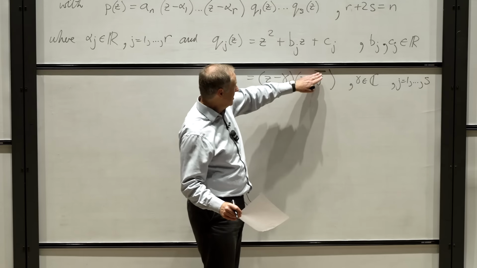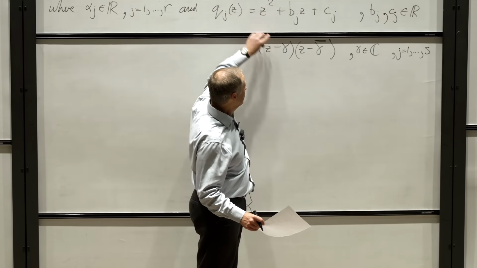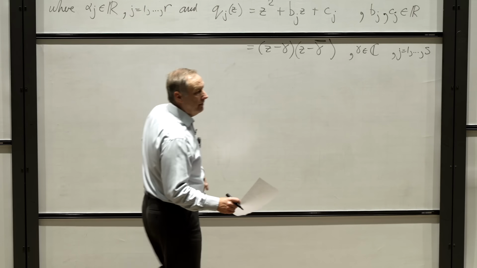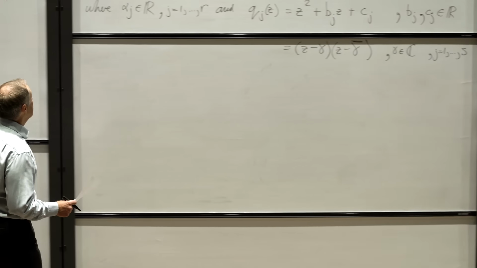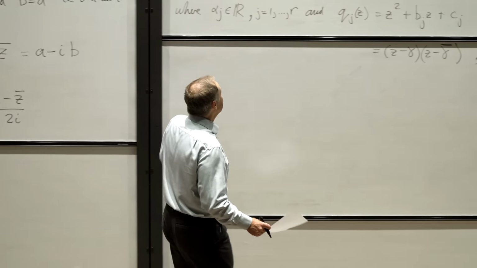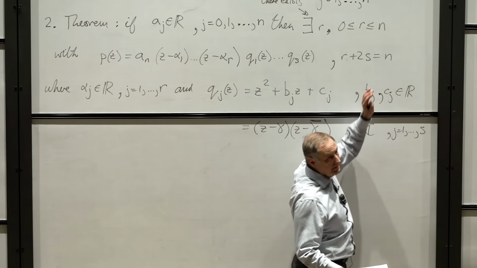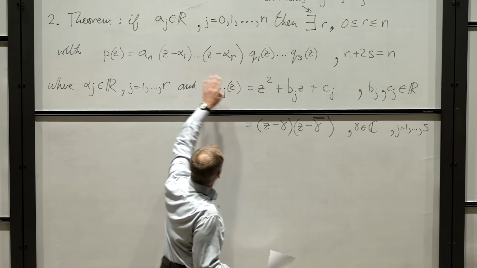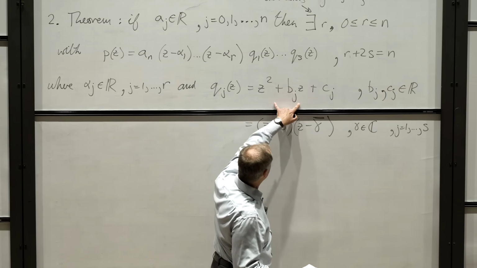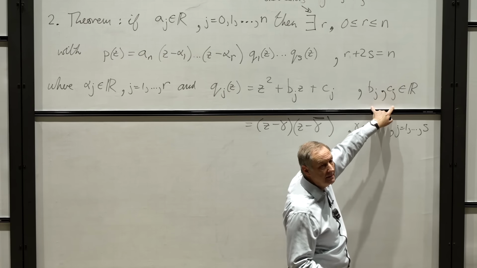Everybody can see this. I'm sorry, I put it in the shadow, but I'm not trying to hide it. This is the conjugate. So you can write down any polynomial that has real coefficients. It may have a number of real roots, between 0 and n of them. And then it has the remaining terms, which can be written as real quadratic polynomials.